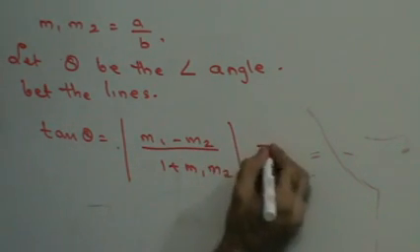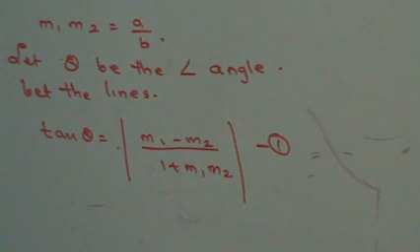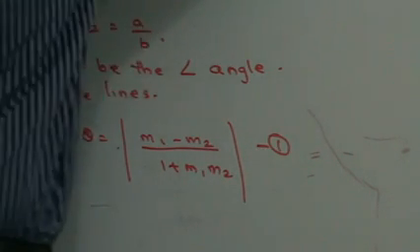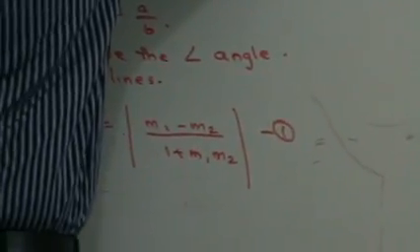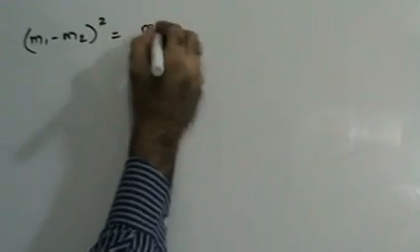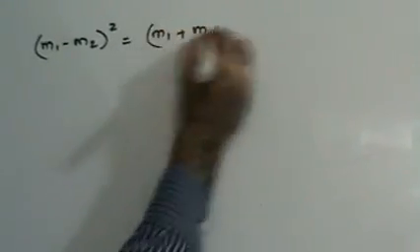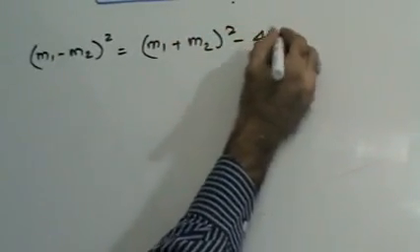Right, let's call this equation 1 and leave this here. But from the quadratic equation we know that m1 minus m2 the whole square is nothing but m1 plus m2 the whole square minus 4 m1 m2.